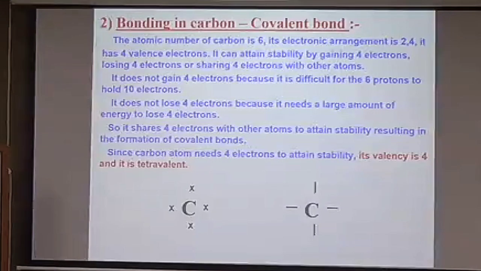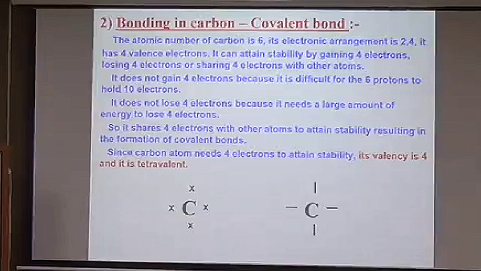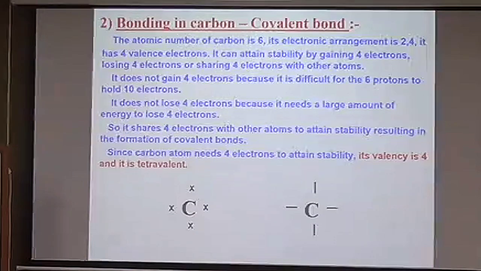So let us try to understand why carbon doesn't form ions. As I said, carbon's atomic number is 6, its electronic configuration is 2, 4. So to attain stability, it will either have to lose 4 electrons or gain 4 electrons so that its outermost shell is complete.